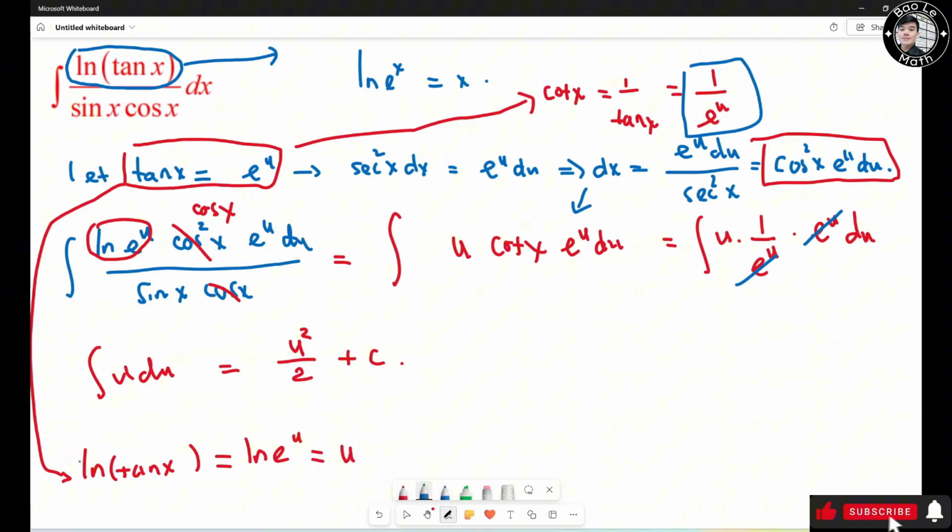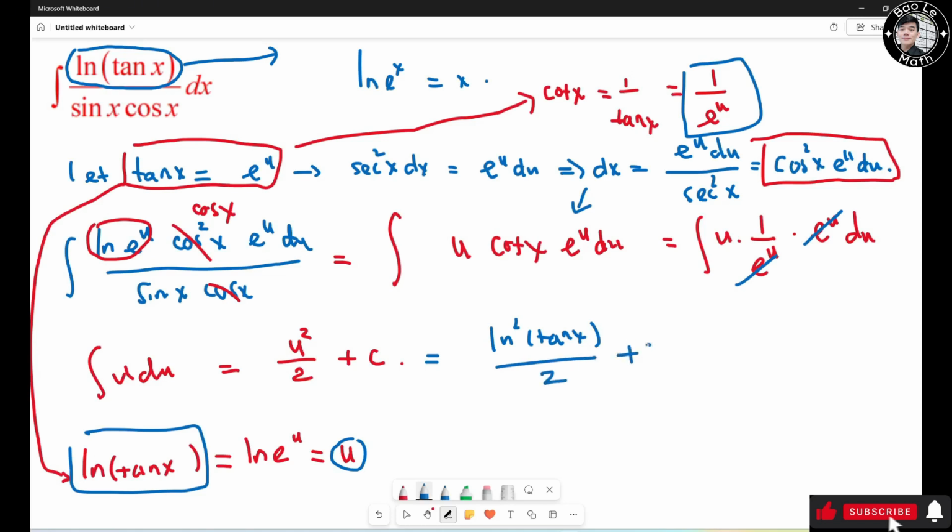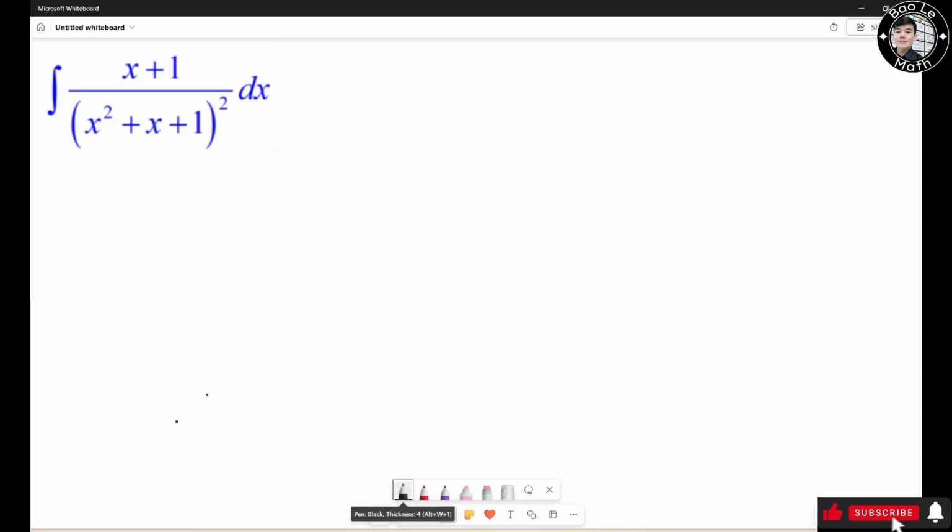So now you're going to substitute natural log of tangent s for u into this expression right here. So it turns out to be natural log squared of tangent s over 2 plus c.